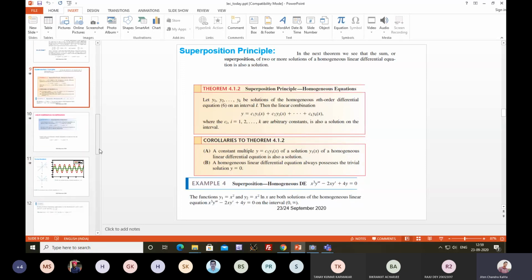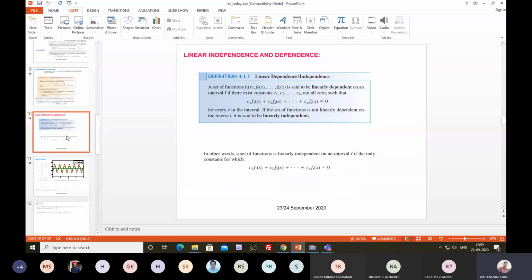Now let me come to linear independence and dependence.